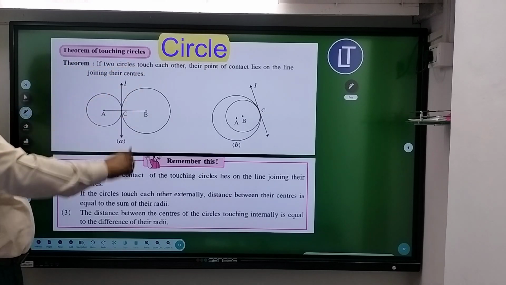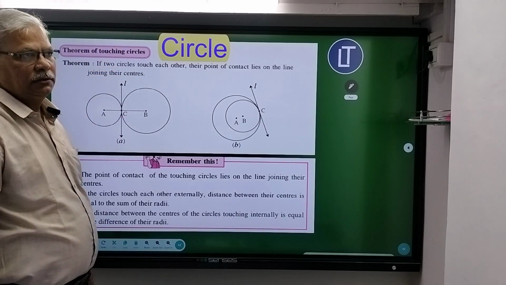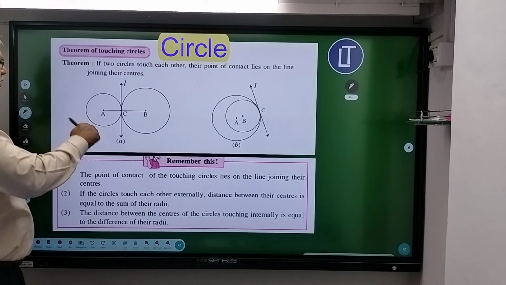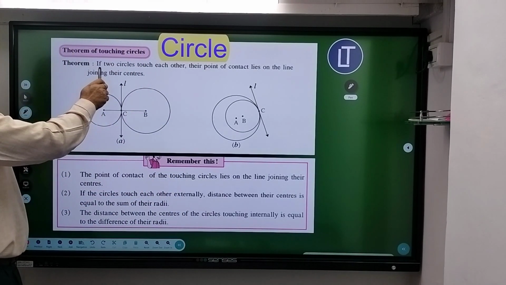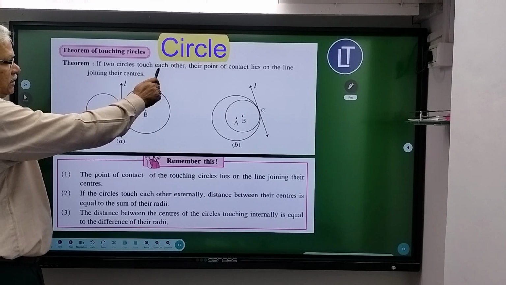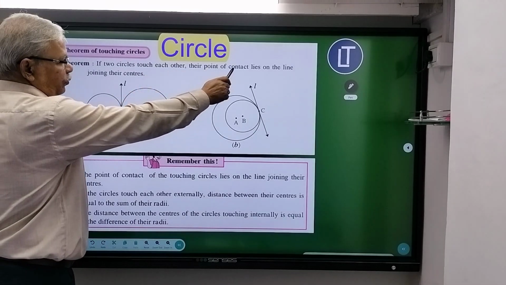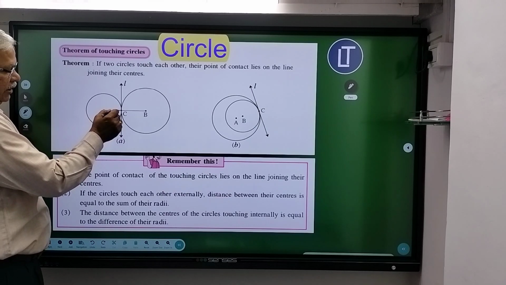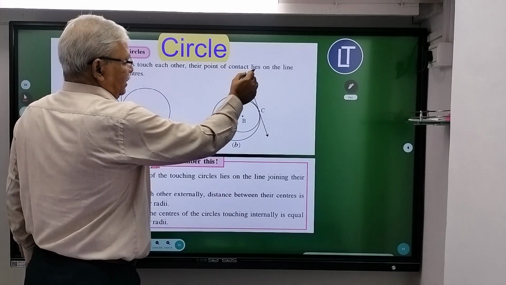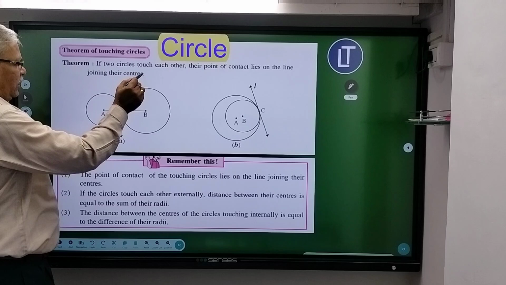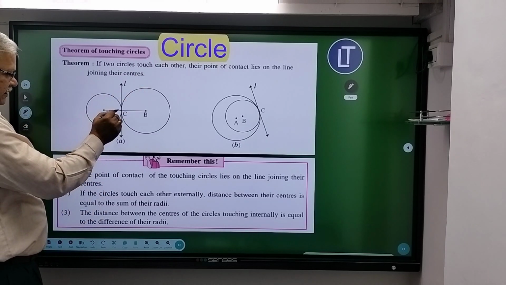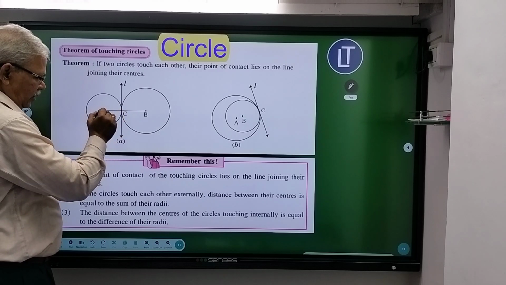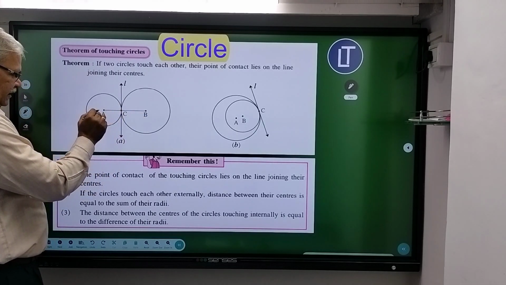Theorem of touching circles. If two circles touch each other, their point of contact, here this is the point of contact C, lies on the line joining their centers.